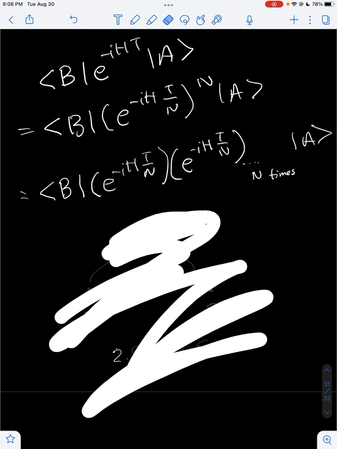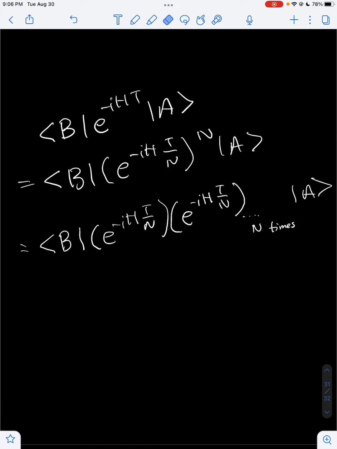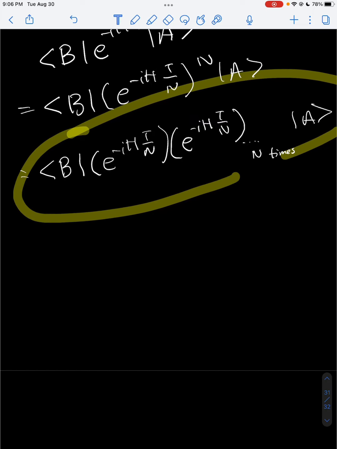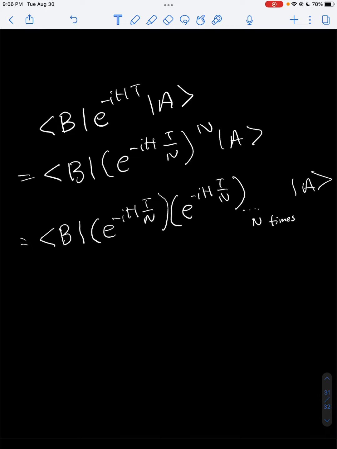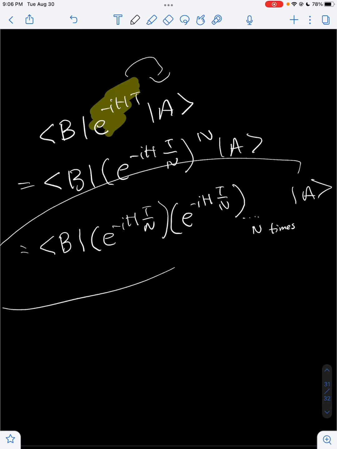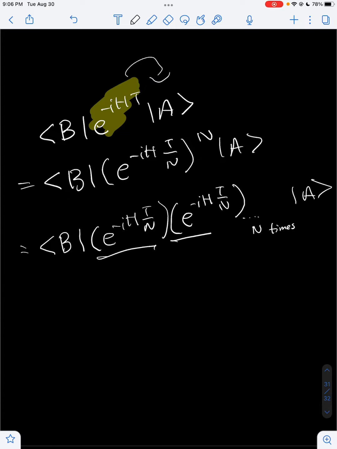Now this expression here is kind of a sad expression, because in our first expression we had the time evolution factor act on one state, right? But in this case, we have to multiply all of these evolution factors.